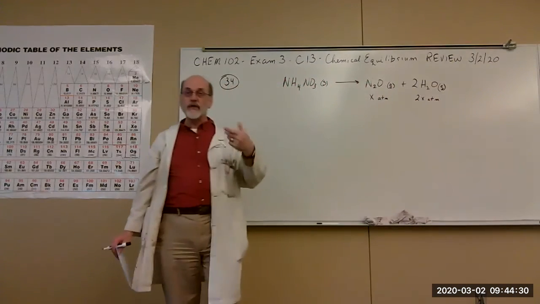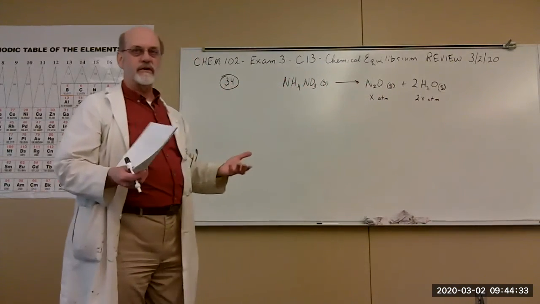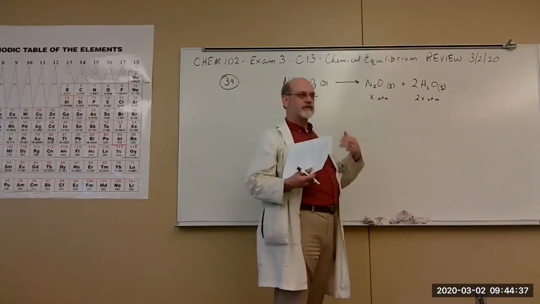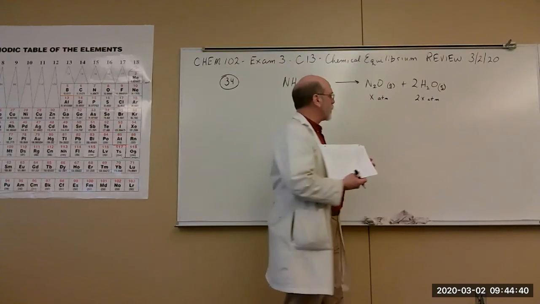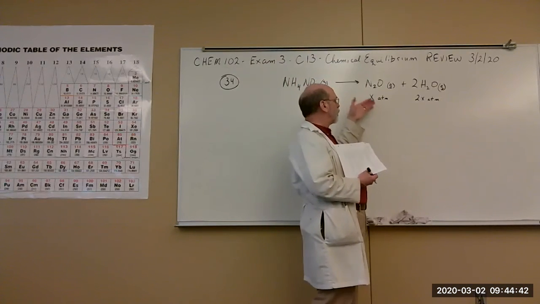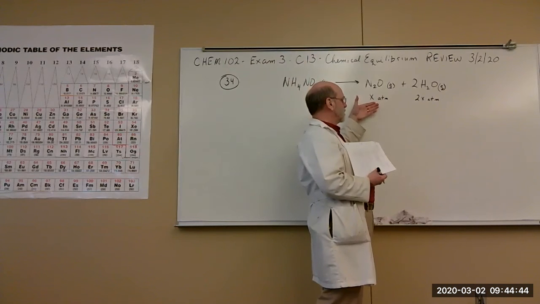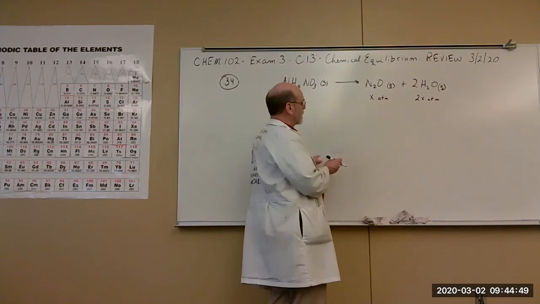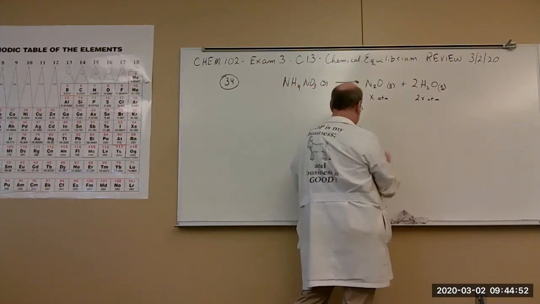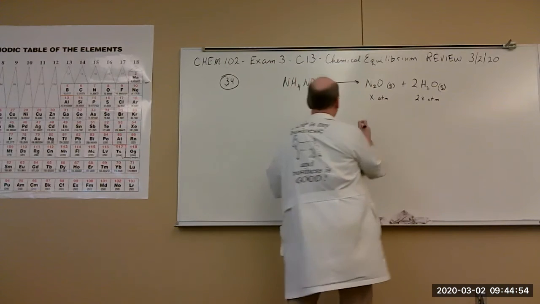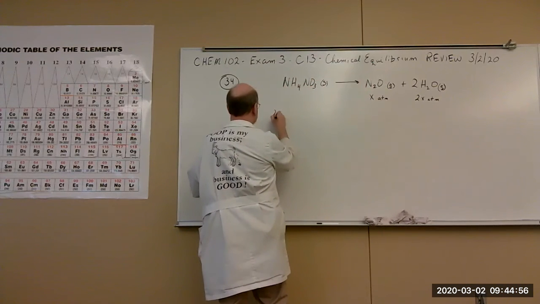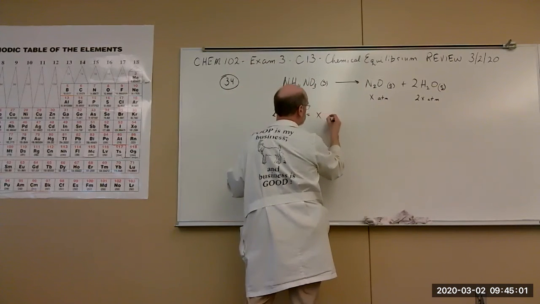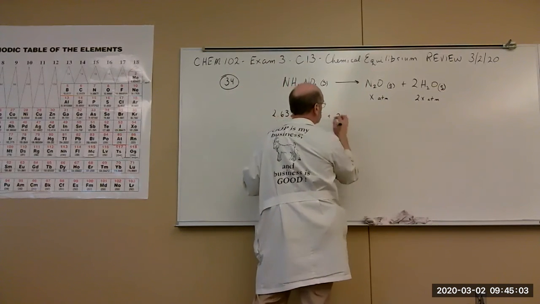And we also know that the total pressure is the sum of the partial pressures, and the partial pressures are proportional to the moles. So the total moles, the mole fraction here, will be the same as the fractional pressure. So we know this X atmospheres, and the total of those two is 2.63 atmospheres equals X plus 2X.